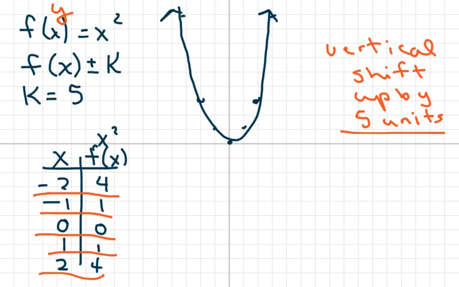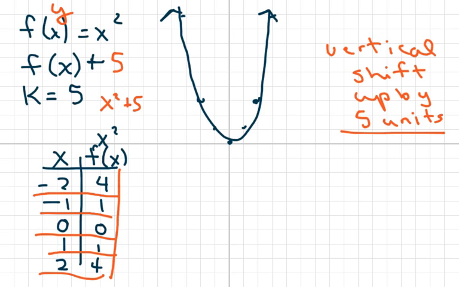So basically when we're shifting up by 5, what I'm doing is I'm taking f of x, I'm changing my k, and I'm going to add 5. So this is going to be plus 5. I'm just adding 5 here to my y, because this is x squared plus 5. So all these points here I'm adding 5 to.